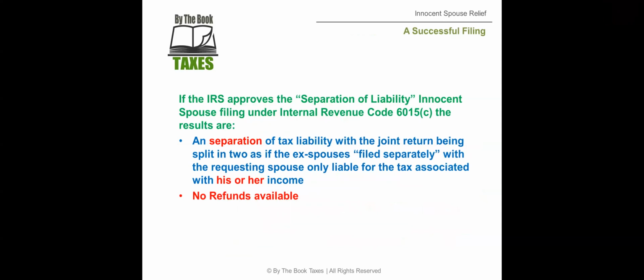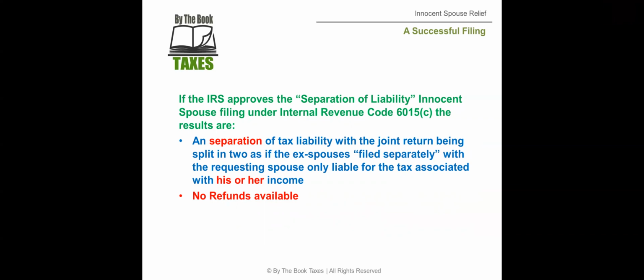Okay, here's a couple of changes from last week also. Last week, when we talked about traditional innocent spouse filing, an allocation of tax was made based on the income contributions of each spouse. With separation of liability, it's different.